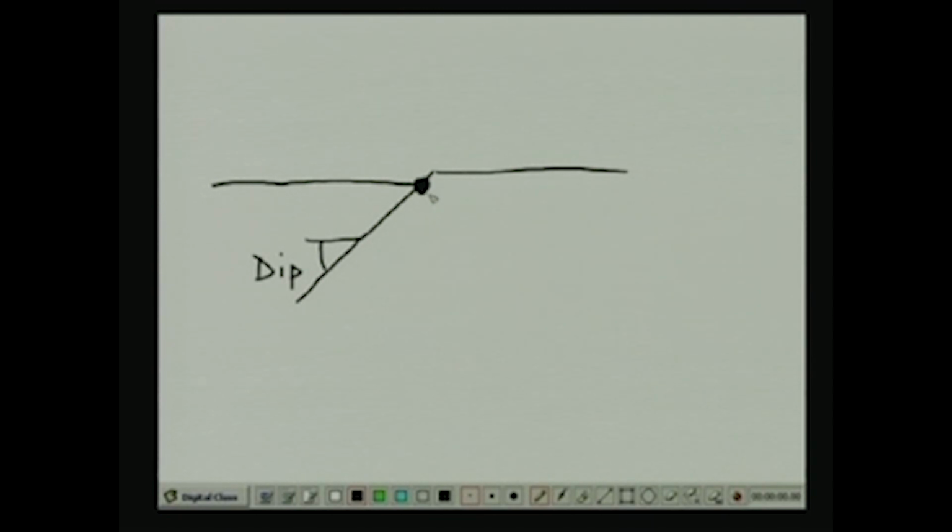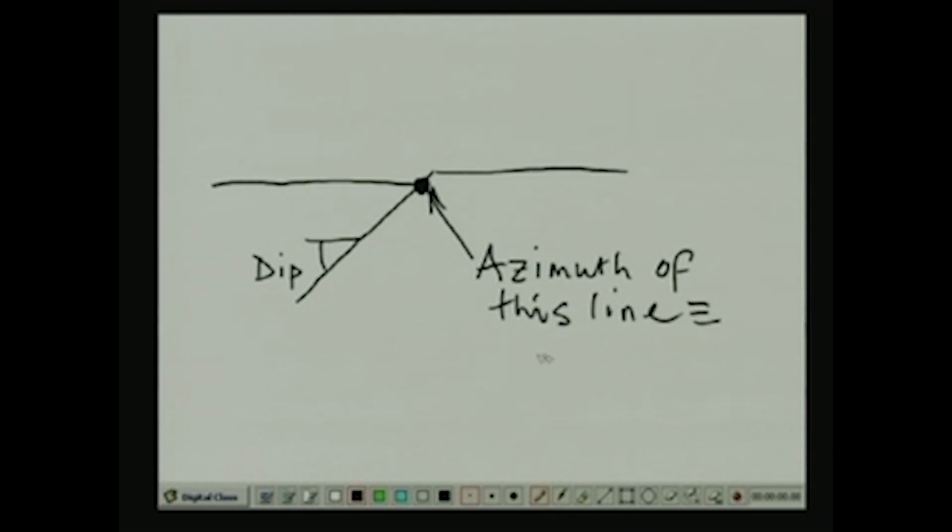I mean the azimuth of that line is going to be giving the strike. Azimuth of this line is equivalent to the strike of the fault. So that is what we mean by the terms dip and strike.